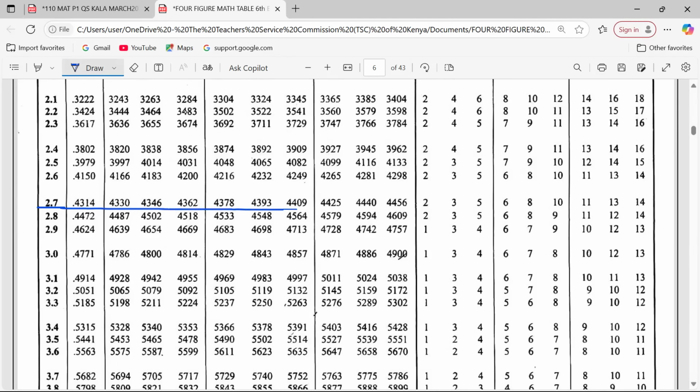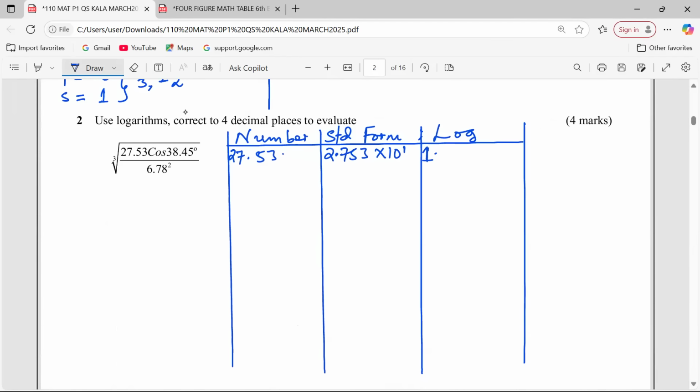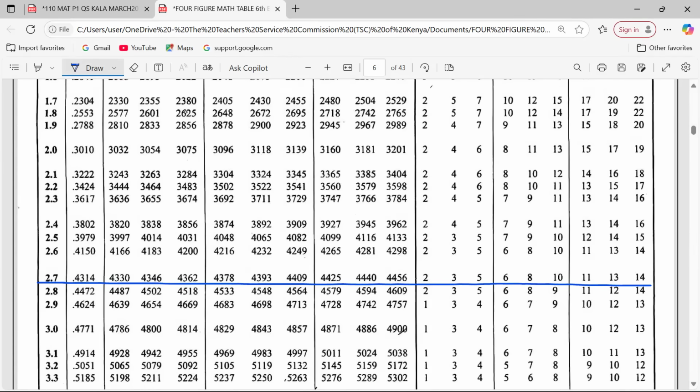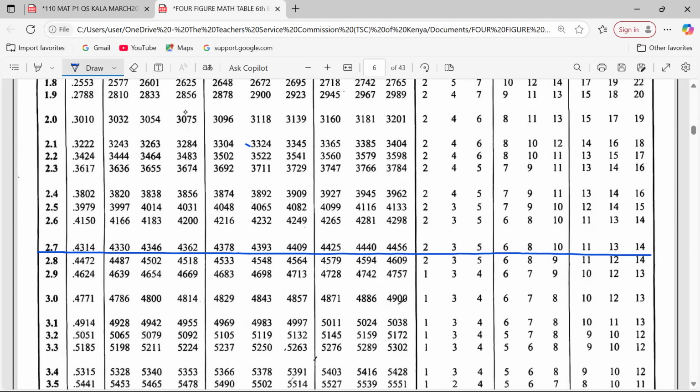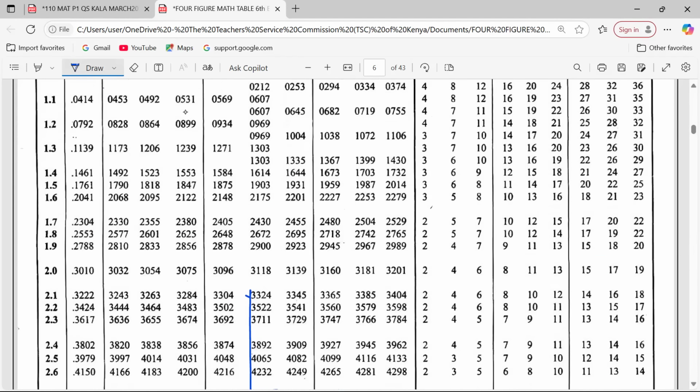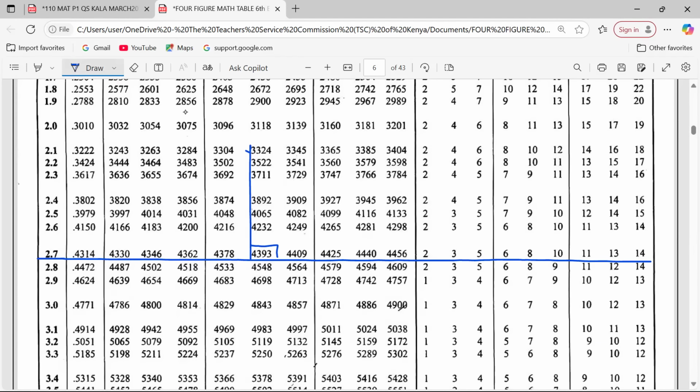This is the row that we shall be using. 2.753, so 5, the column that has 5 is here. Remember, it is 5, 3. So again, on the differences side, we go where there is 3. The column is here. So we check where that column intersects the row.